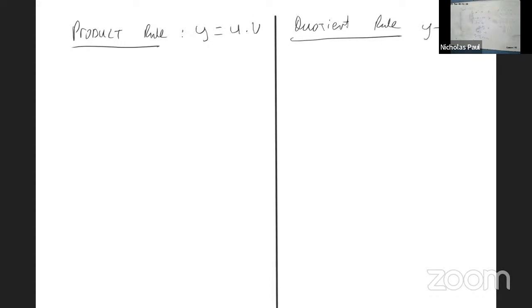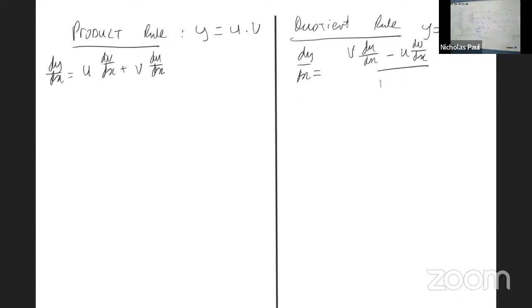Quotient rule is when you have two quotients, u over v. If it's product rule, dy/dx is equal to u dv/dx plus v du/dx. Quotient rule looks like this: dy/dx is equal to v du/dx minus u dv/dx, all over v squared.